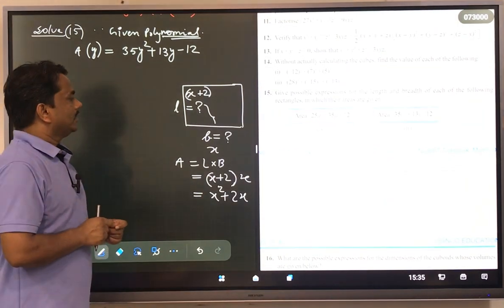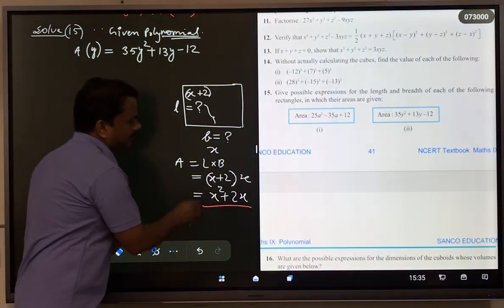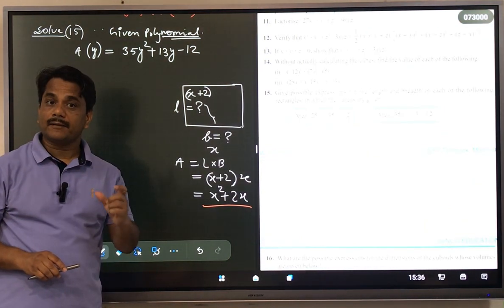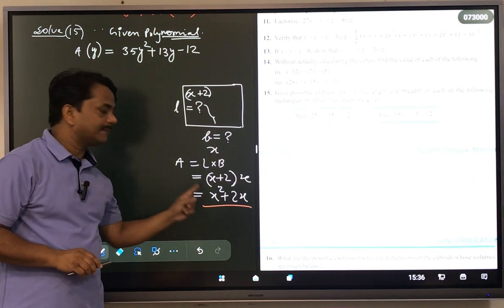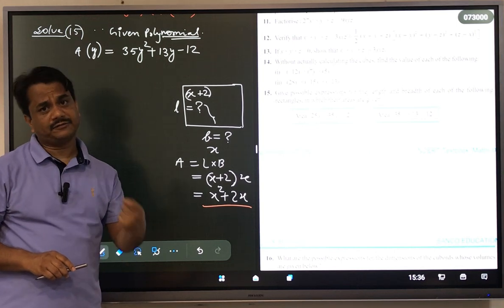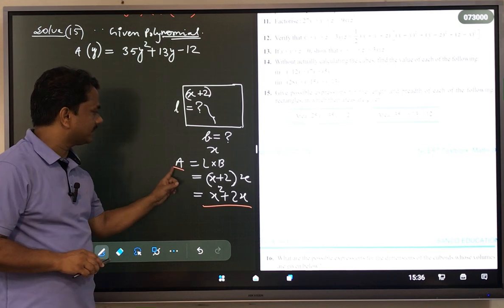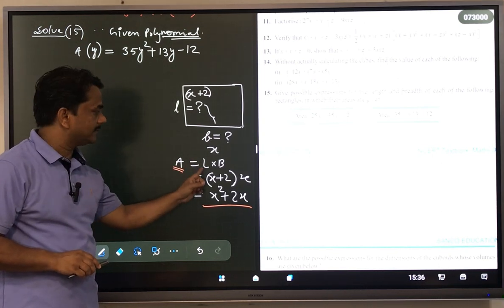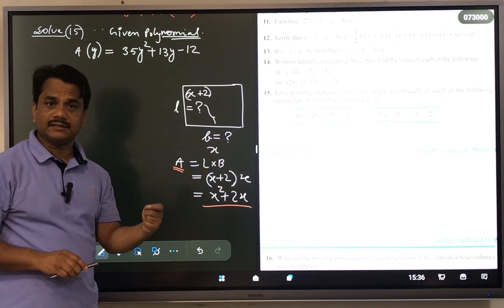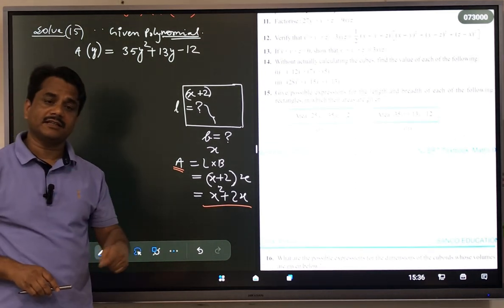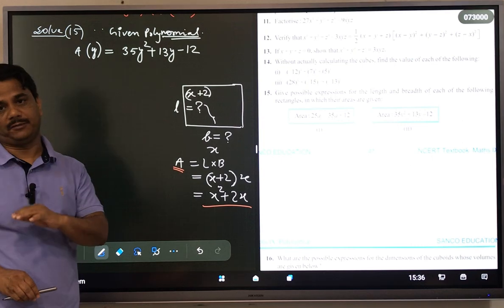So what we obtained here is a polynomial, and that polynomial is in terms of x. This polynomial is the result for the area, that is the product of length and breadth. So we can say this polynomial expression is representing area, so it's called an area polynomial.